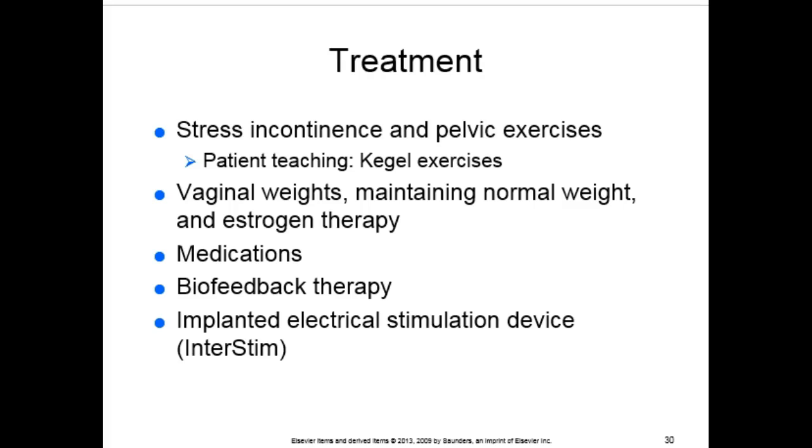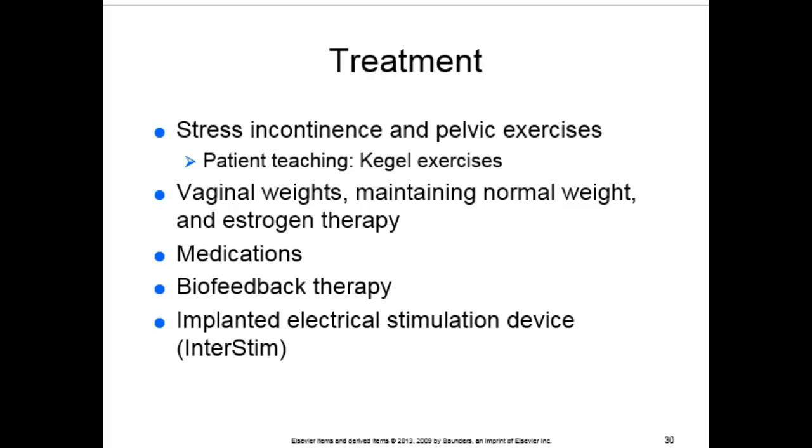Treatment. Evidence-based practice indicates that stress incontinence occurs with exercise, laughing, or coughing, and that may be corrected by exercises to strengthen the pelvic floor muscles. So vaginal weight training with a set of 5 small cone-shaped weights that are used along with pelvic muscle exercises is a therapeutic option for incontinence.